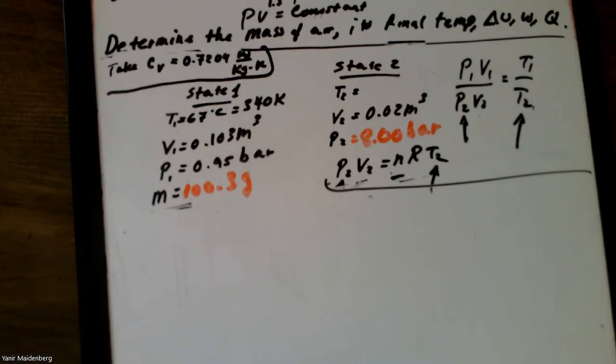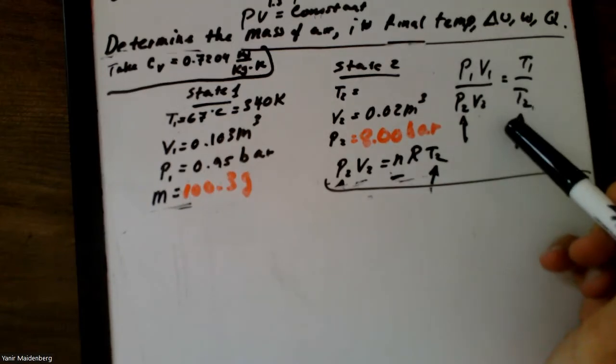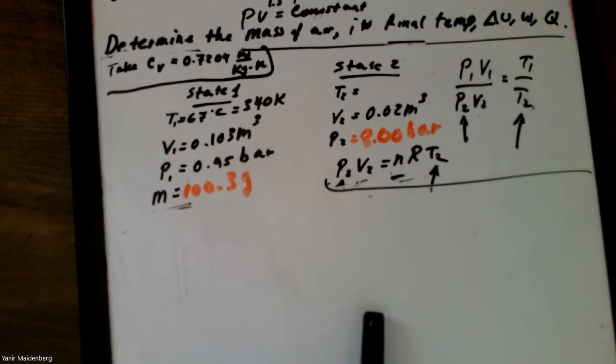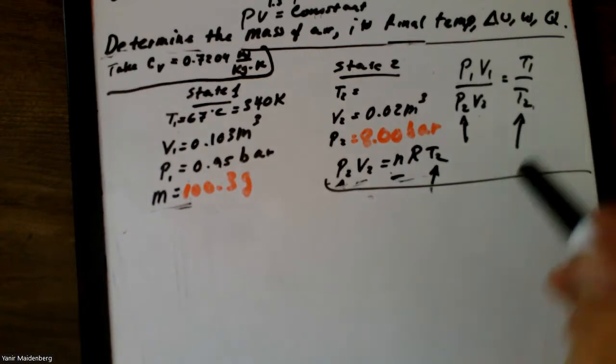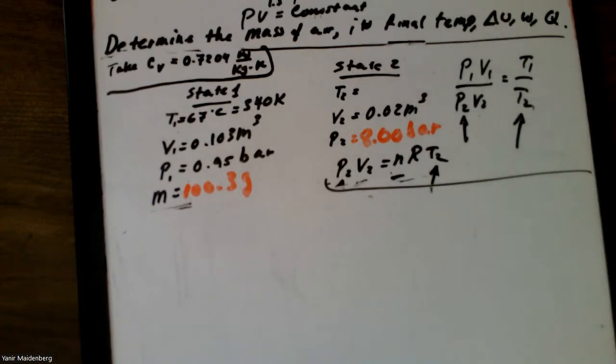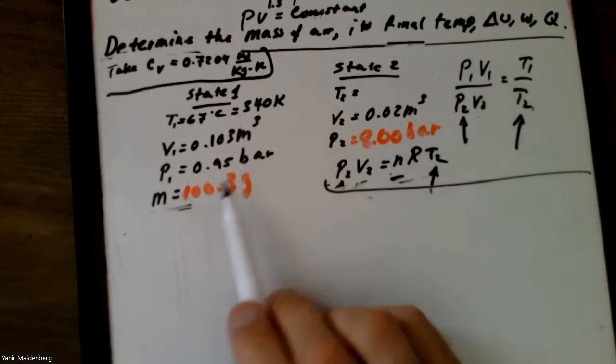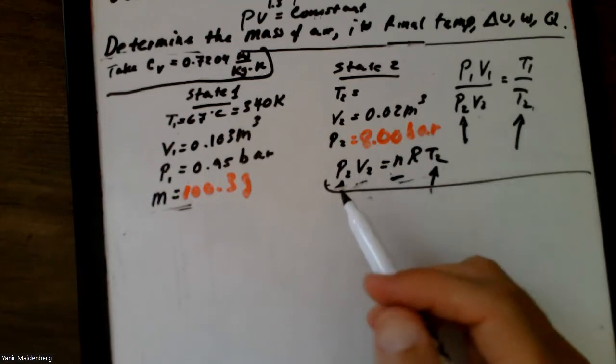So again, two ways of doing that. You can use the combined gas law, or you can use the ideal gas law just applied for state 2, whatever you want. So what I'm going to do is actually use this. I think it's easier. I don't have to deal with moles or anything. Not that dealing with moles is very difficult. We have the moles, but it's going to give me the same value anyway. But I have these numbers in front of me, so I'll just use that.